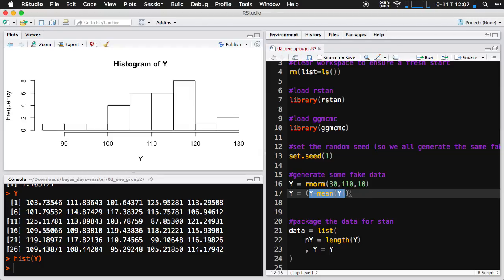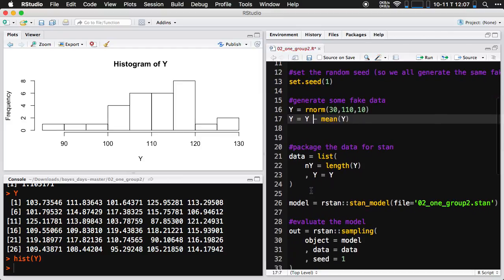So if I want to take this set of values and make it so that instead of going from 85 to 130, with a mean of around 110, the mean is around 0, I would just subtract the mean.